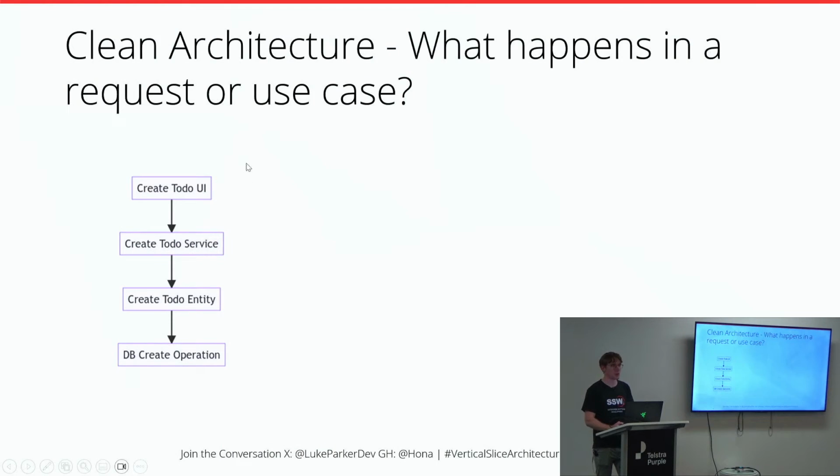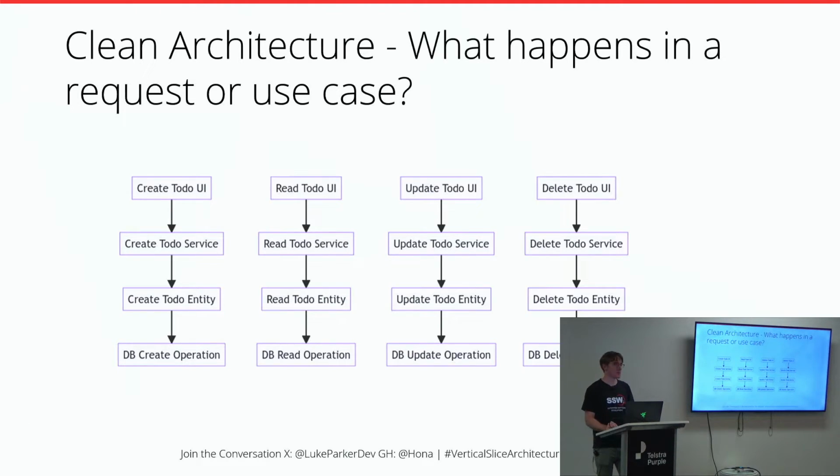I have to talk to the presentation layer, so a web API or a controller. Then I might call a service. This might be our application layer where it is a service that mediates with those abstractions. Then I might deal with the entity, whether it is just newing it up or doing some domain logic. And then I might talk to a database. You might have the same sort of structure for all the CRUD operations.